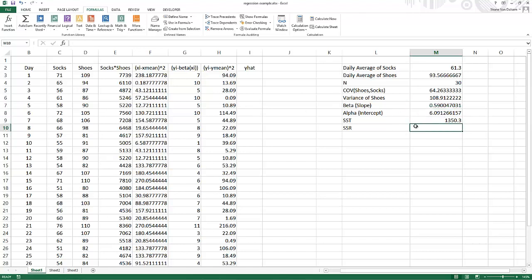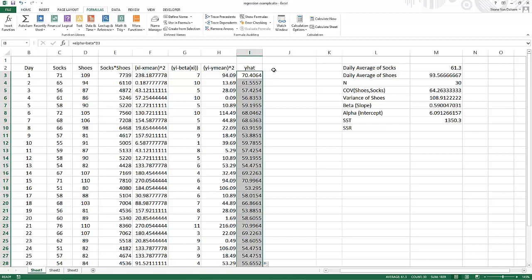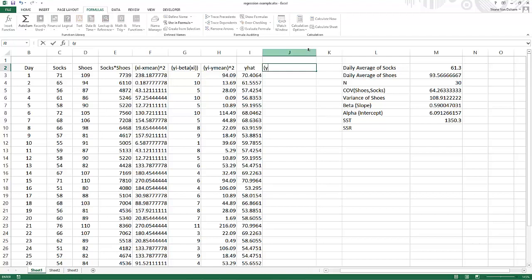So we calculate y hat is equal to alpha plus beta multiplied by my x, shoes. Pull that down all the way. And now I want to calculate y hat minus y mean squared.